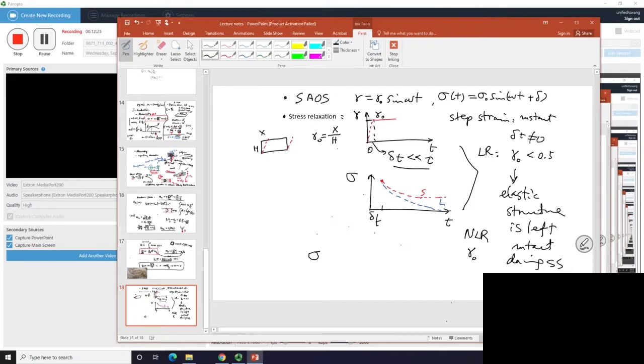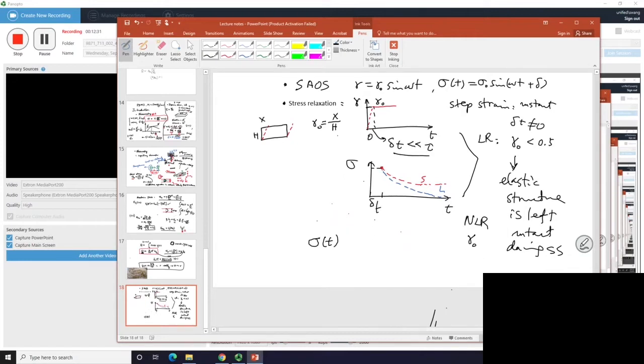So it's natural for you to think that the stress you build, in fact, will be, let's say, proportional to gamma 0, and that is true if you have a linear response.